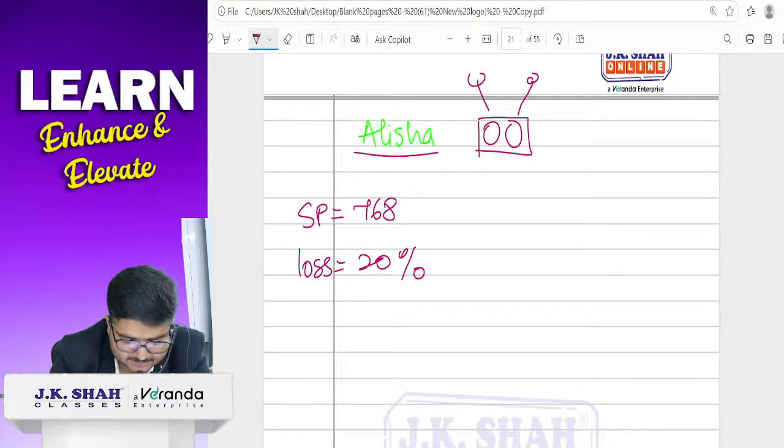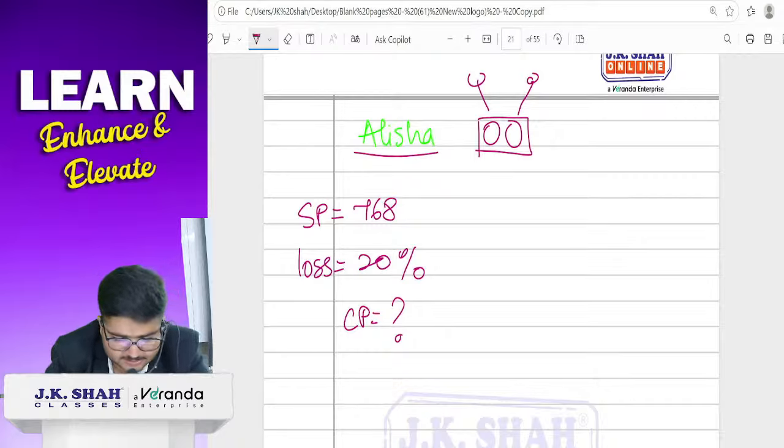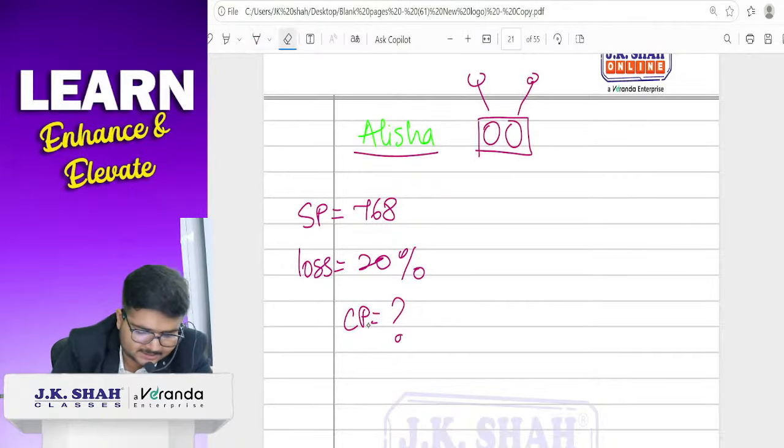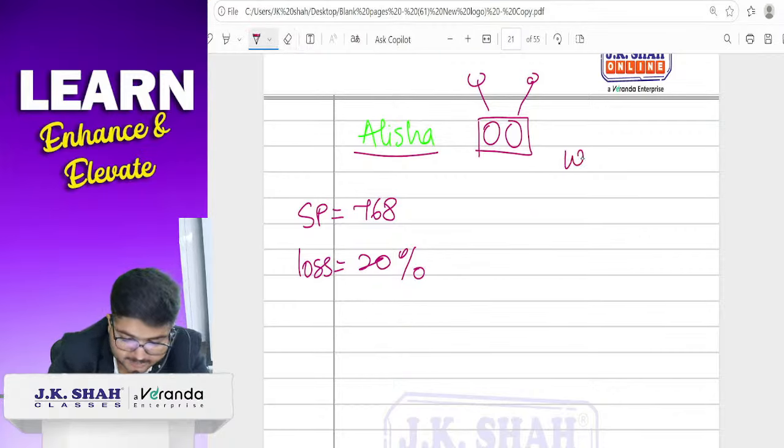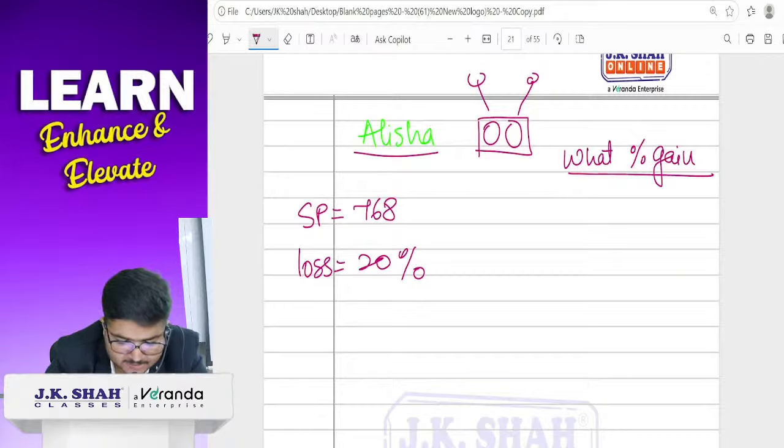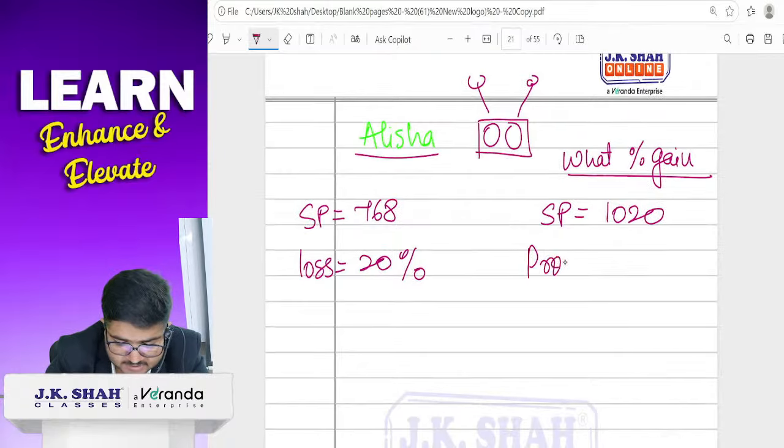Now they are not asking you the cost price. Till now we were solving for cost price, but they are not asking that. They are asking what gain percentage she will have if, suppose she is not selling it for 768, suppose she is selling it for 1020, then how much profit will she make?